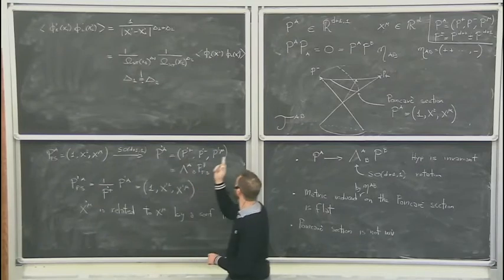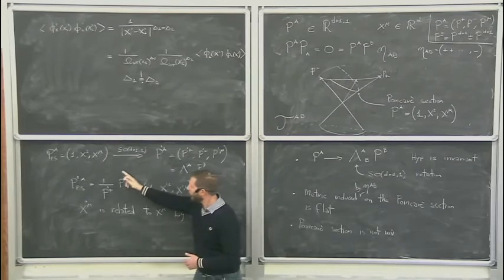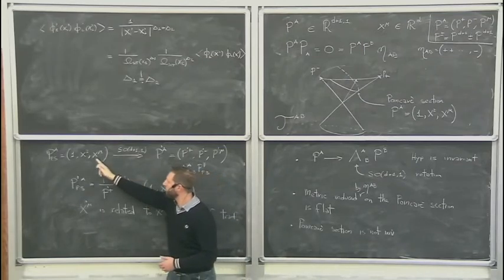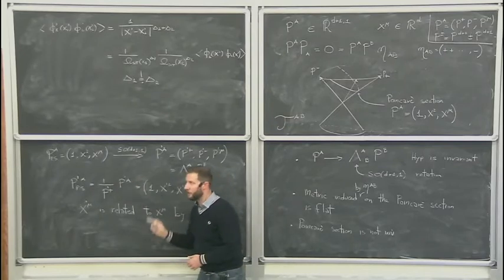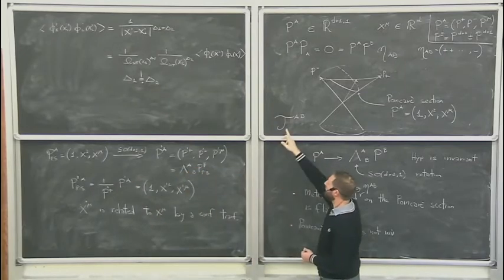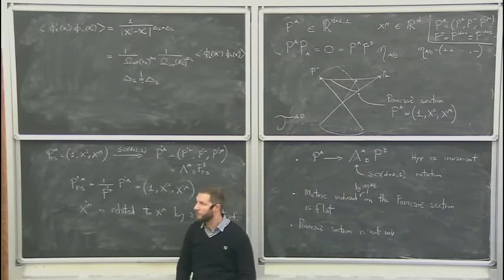You can find which one generates the special conformal transformation, and you can see how x mu changes under this transformation. And these generators are easy to exponentiate because they act linearly. So there are no problems with this.